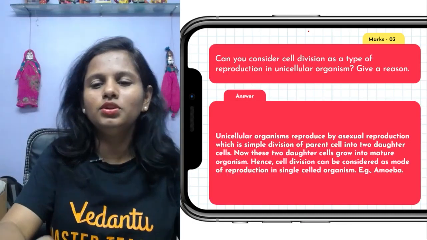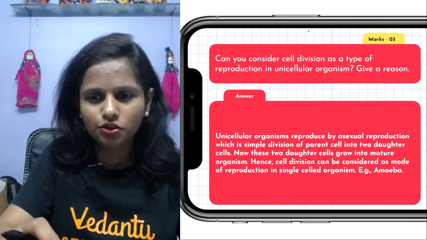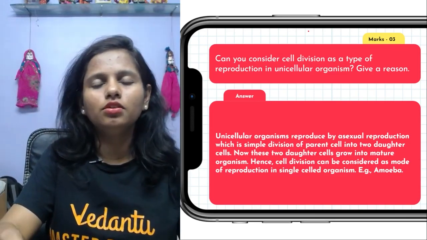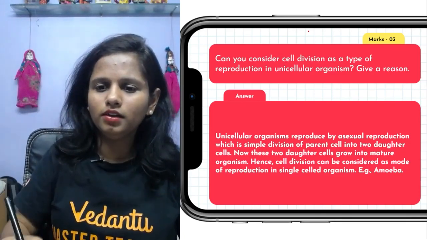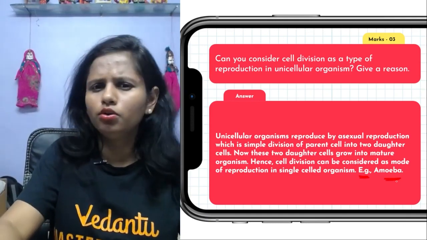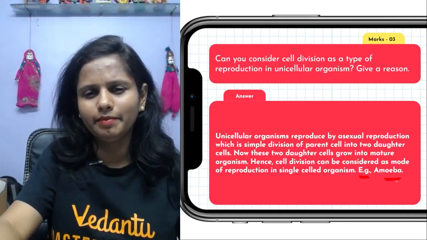Here they have given a wonderful explanation, but you can definitely support your answer with the help of a diagram. If you want, you can draw a schematic representation as well.